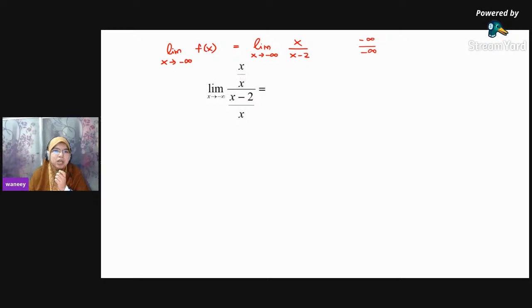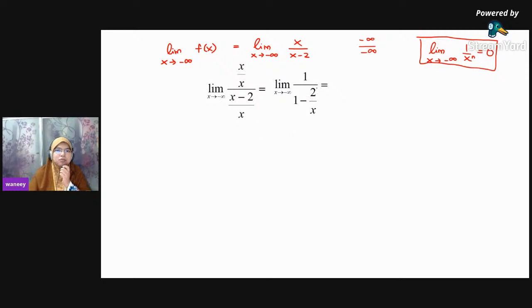So that is why we are dividing them by x. Divide your numerator by x, divide your denominator by x as well. And then simplify them. x over x is 1, x over x is 1, 2 over x is simply 2 over x. And then do remember that the limit for x approaching negative infinity for 1 over x to the power of n is actually equal to 0.